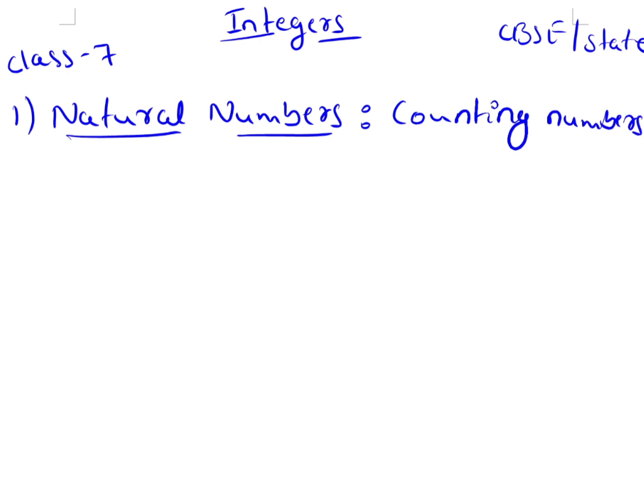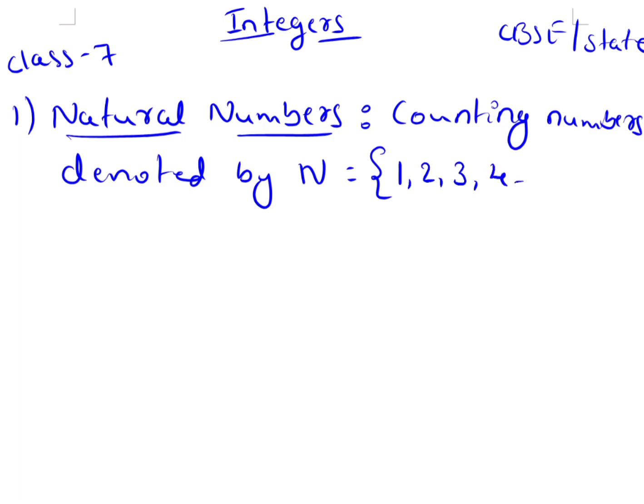The collection of all the counting numbers is called the set of natural numbers, and it is denoted by N. The set is 1, 2, 3, 4 and so on.